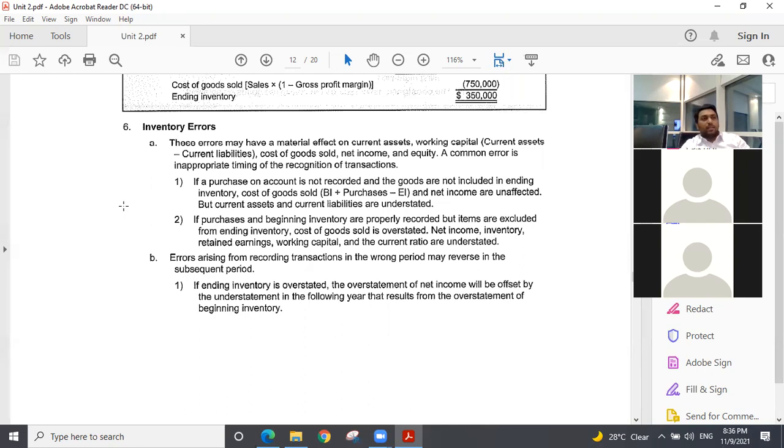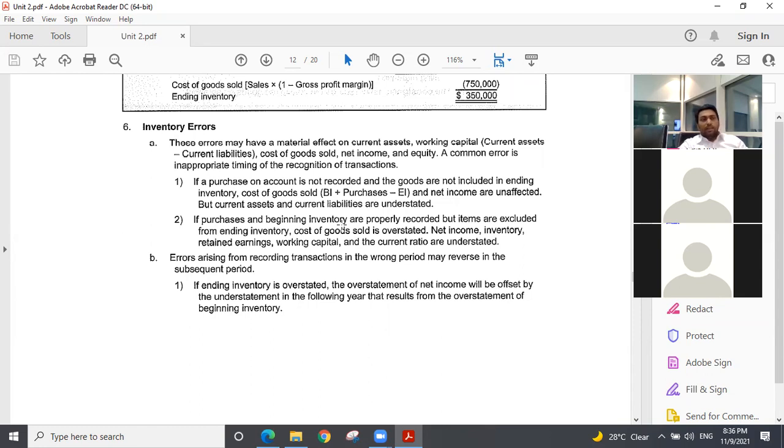A common error is inappropriate timing of recognition of transactions. If a purchase on account is not recorded and goods are not included in the ending inventory, then cost of goods sold and net income are unaffected, but current assets and current liabilities are understated. If purchases and beginning inventory are properly recorded, but items are excluded from ending inventory, cost of goods sold is overstated.